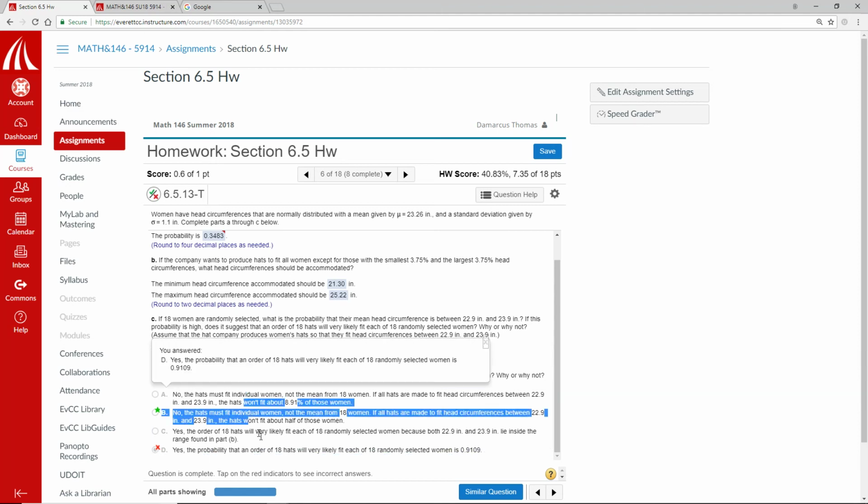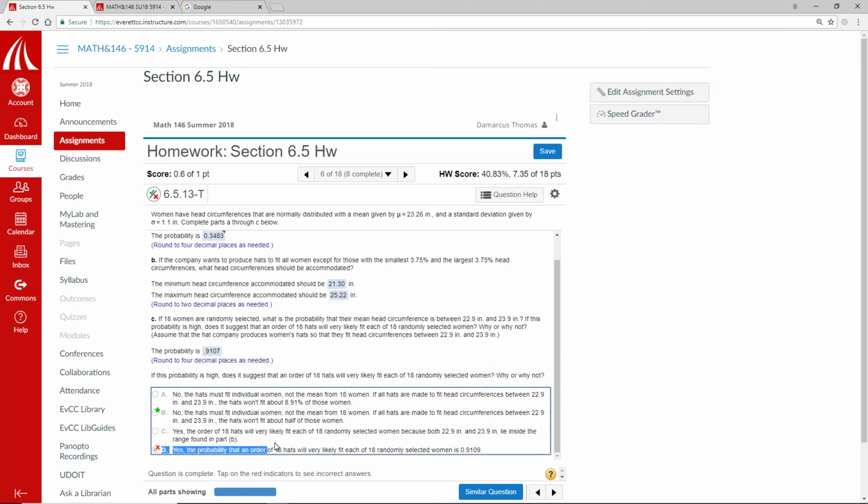Trying to see the original question now. The probability is 0.91. If this probability is high, does it suggest that an order of 18 hats will very likely fit each of 18 randomly selected women? Why or why not? And they're saying no, the hats must fit individual women, not the mean from 18 women.